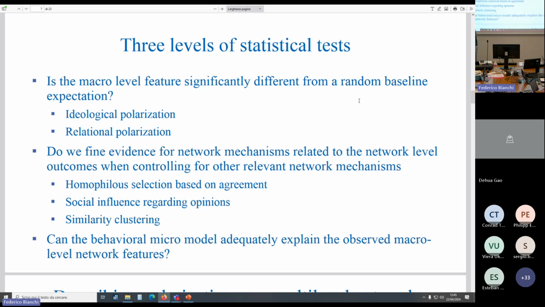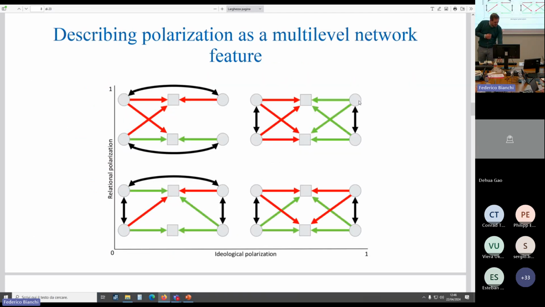I'm not going to go into detail about the network level measure, just give a bit of an intuition. Then we can also ask whether we find significant evidence for specific mechanisms. In this case, it's homophily, social influence, and clustering based on similar others. And then finally, whether the micro model adequately explains the observed macro level network features. Okay.